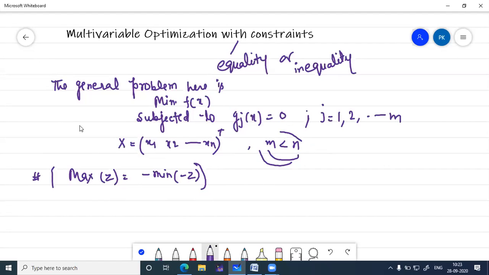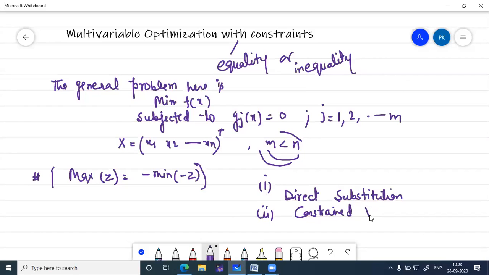And if the problem is of this type, then we have several techniques to solve these types of problems, in which the first one is the direct substitution. Second method is the constrained variation technique.